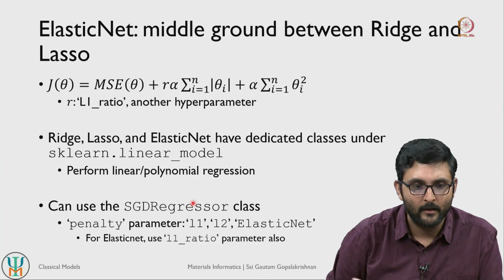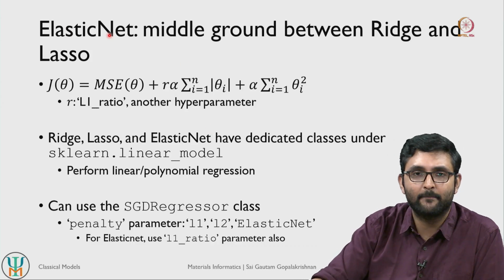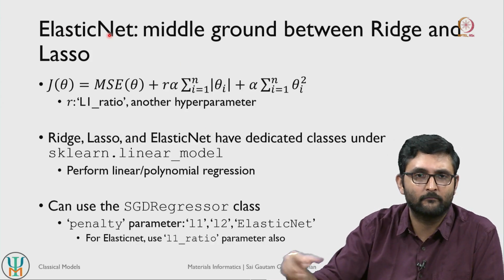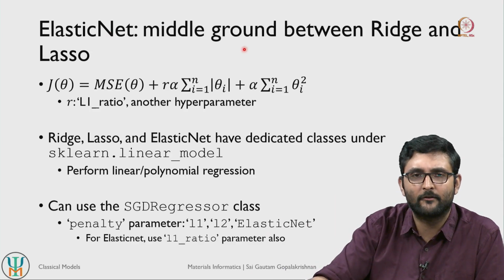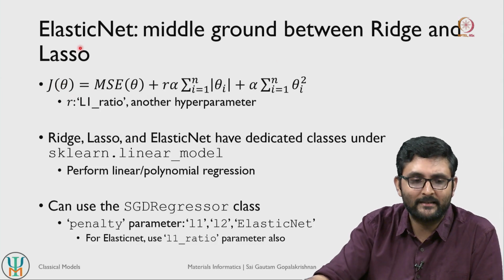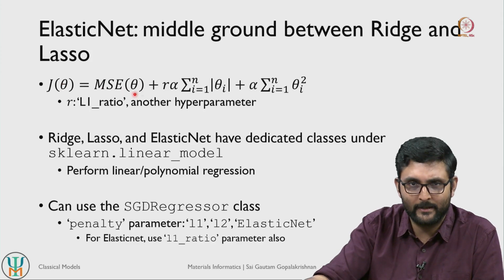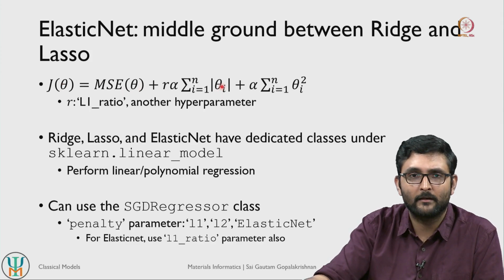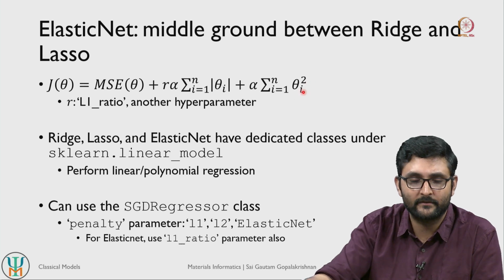Okay. Now what is ElasticNet, right? ElasticNet is another way to add a penalty as a regularization option, and it offers you a middle ground between your ridge regression and your lasso regression, right. So in ElasticNet you modify your loss function to include your mean squared error, and both your lasso error term, which is your Manhattan distance, and your ridge error term, which is your Euclidean distance, right.